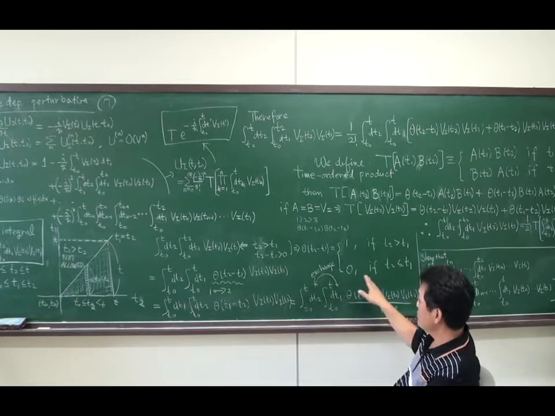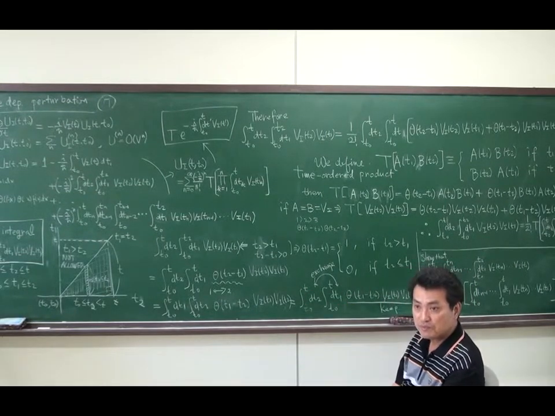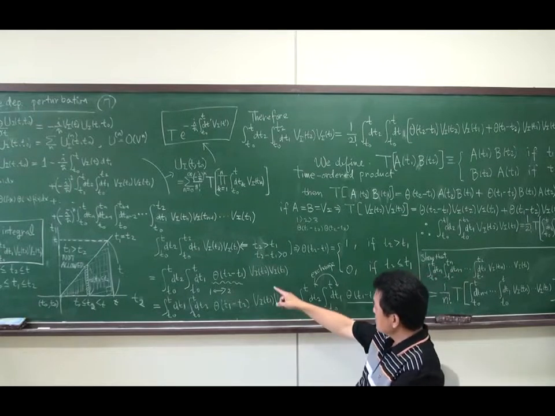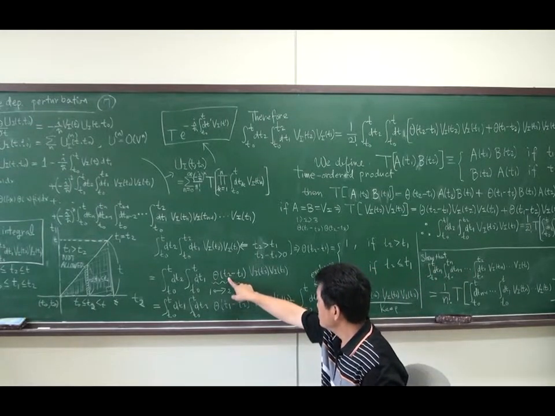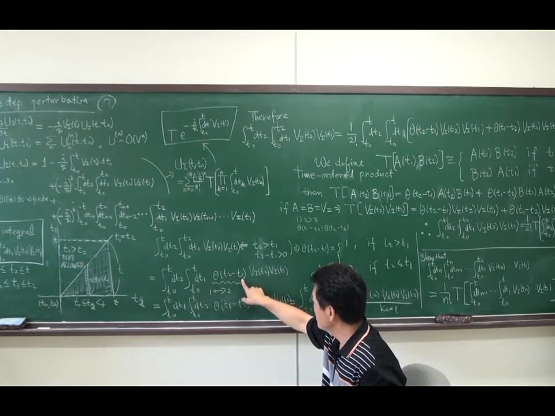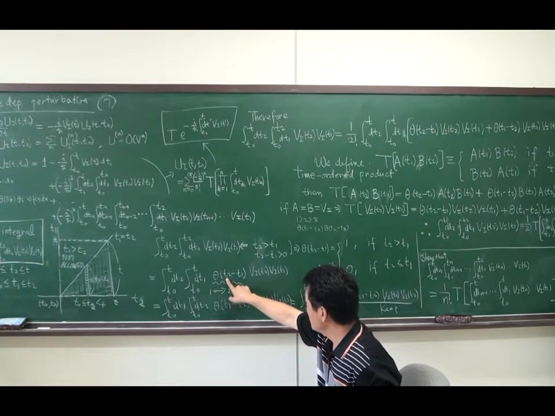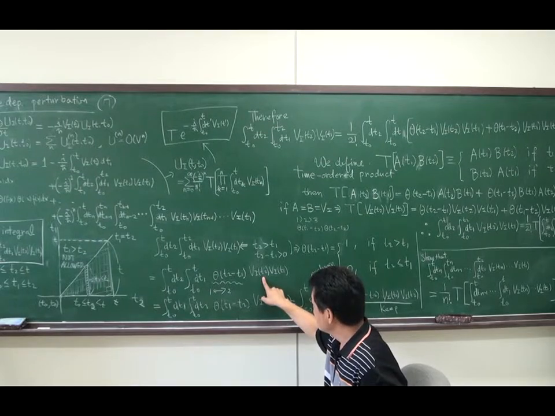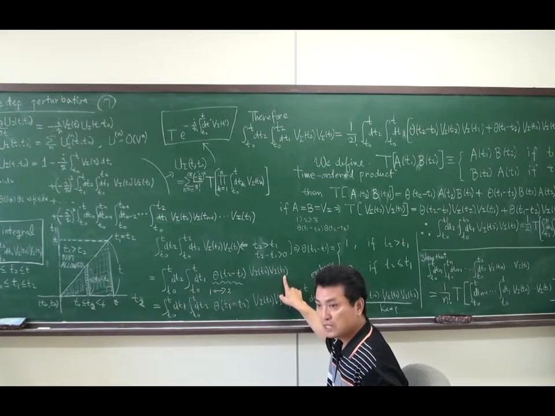But their value is exactly the same. The difference here is that T2 is always greater than T1, so the greater value appears on the left side and the smaller value appears only on the right side.